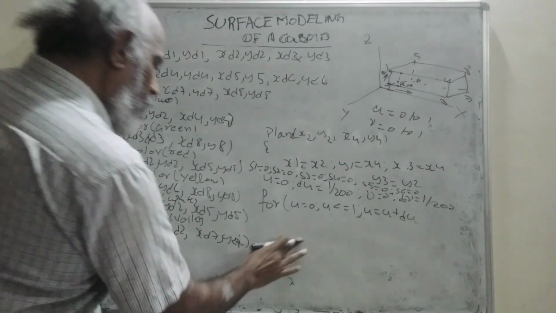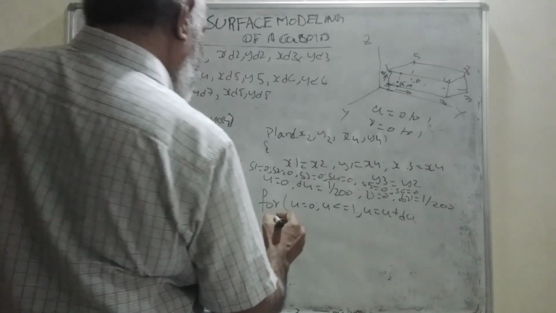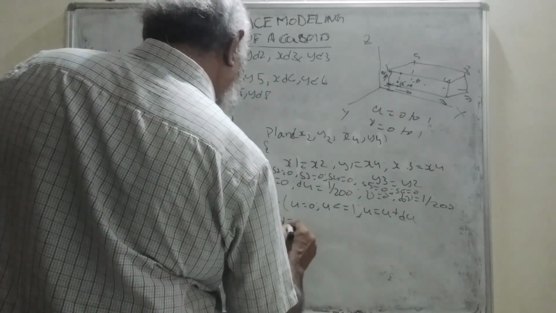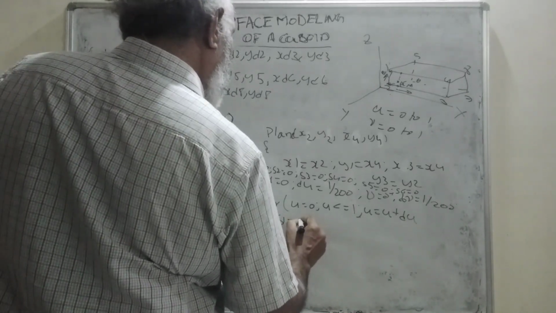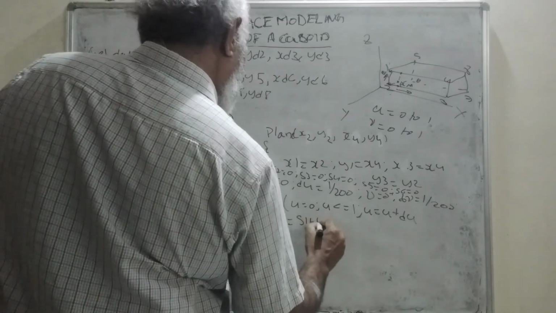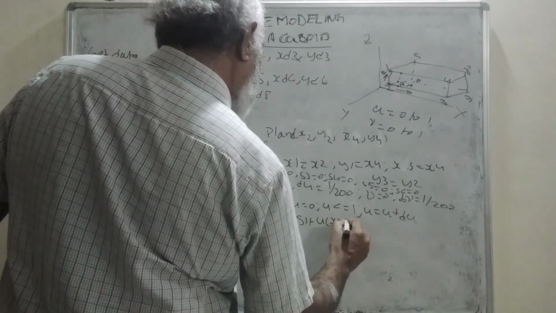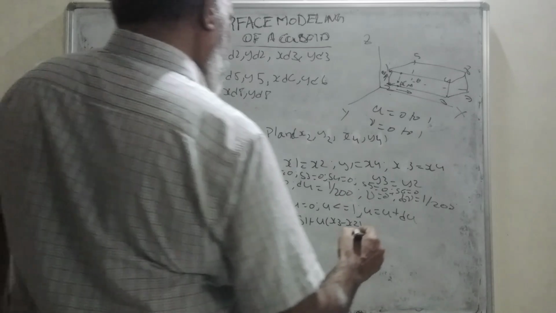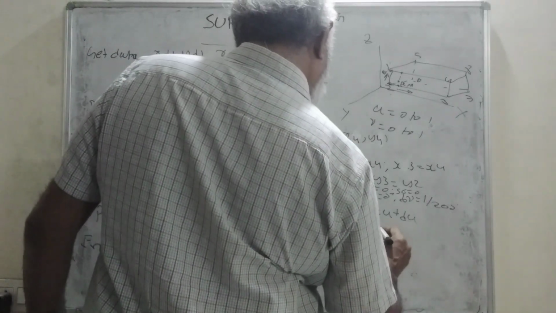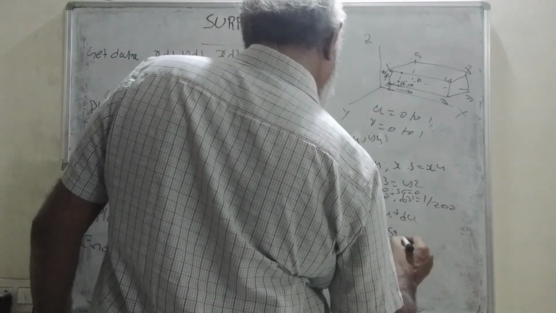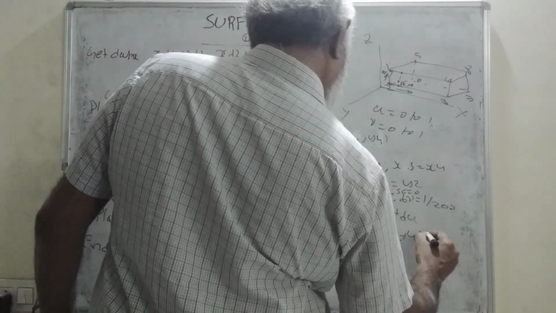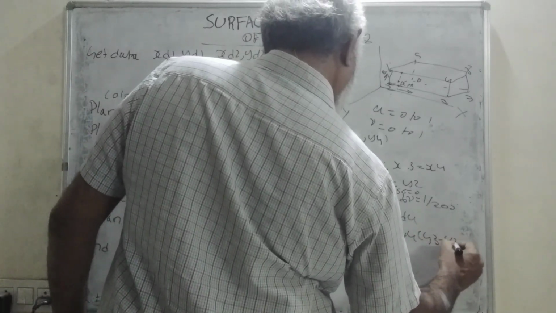So basically, what we are trying to do is S1 is equal to S1 plus u into x3 minus x2. S2 is equal to S2 plus u into y3 minus y2.